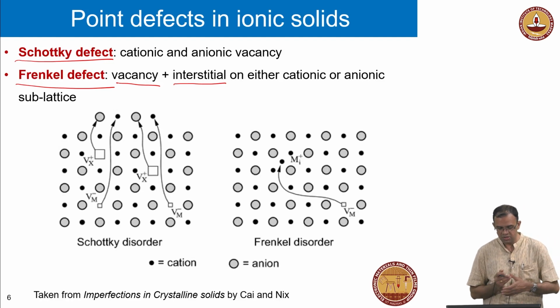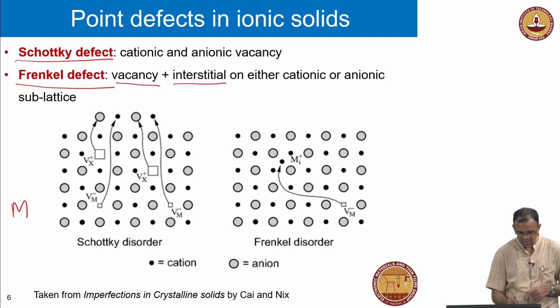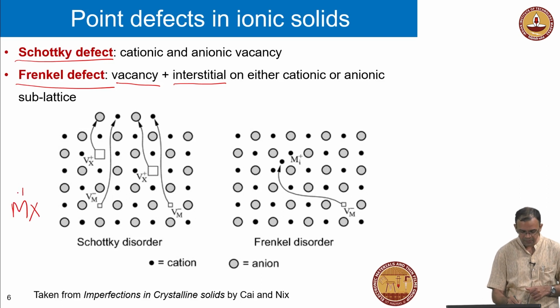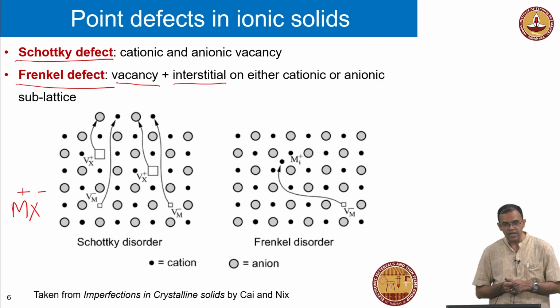This is again just a schematic representation of what I've been telling you. In this particular case I have MX, which is my ionic solid, M plus X minus. I can remove the metal ion and I can remove the X ion, where X usually represents a halogen.